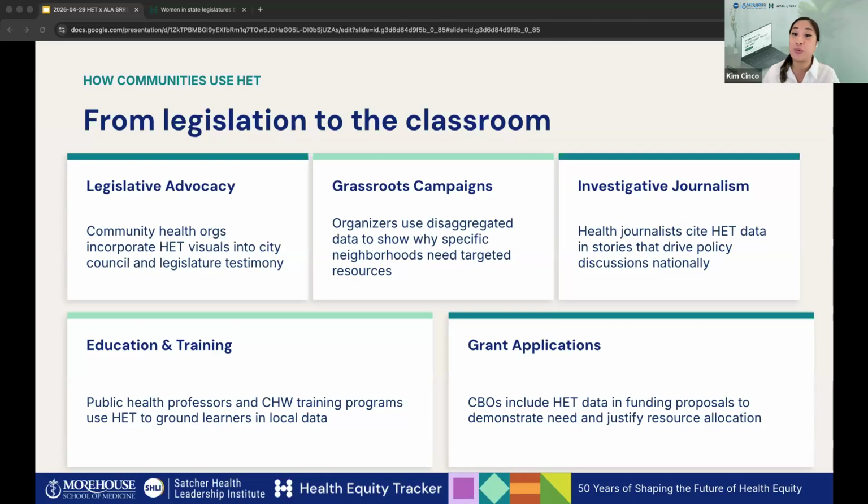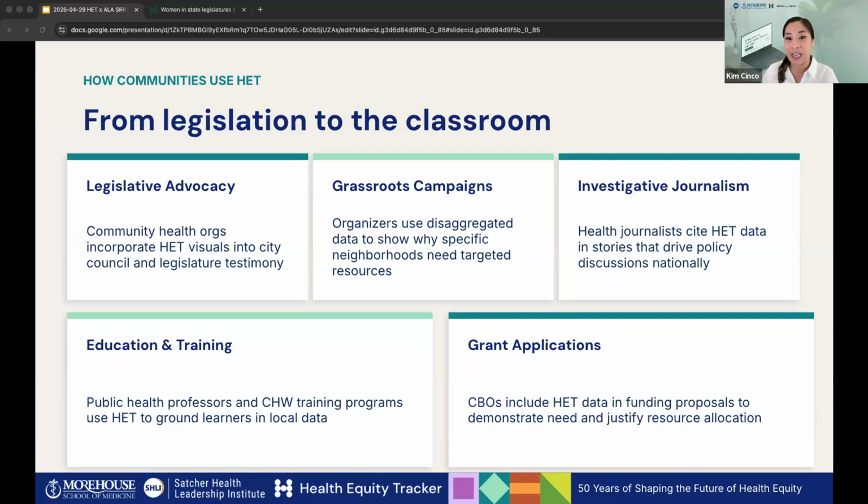They're showing up with 20 years of trend data and state and county level comparisons. Grassroots organizers are using disaggregated data in community forums to demonstrate concretely why their specific neighborhood needs specific resources. Not a general ask, a data-backed case.